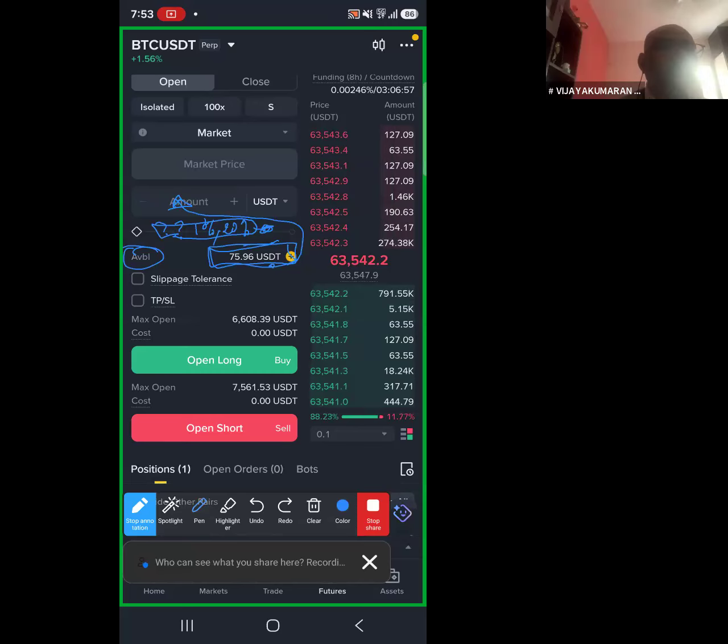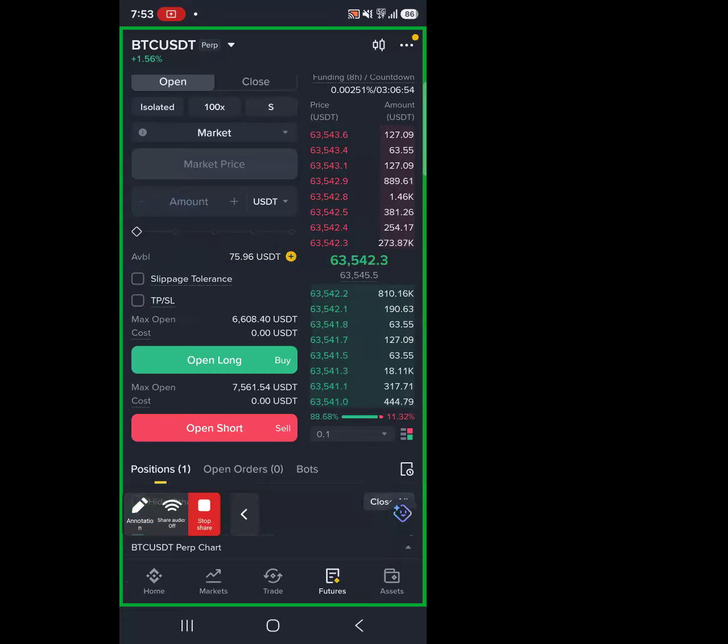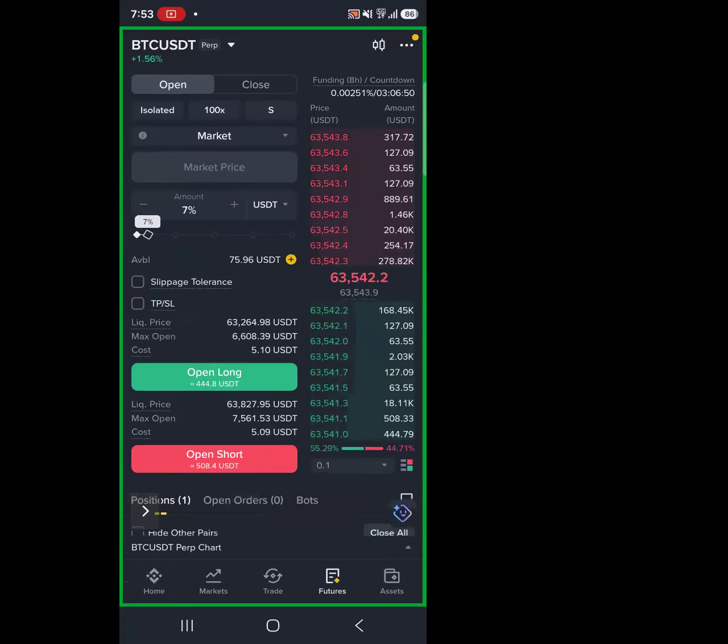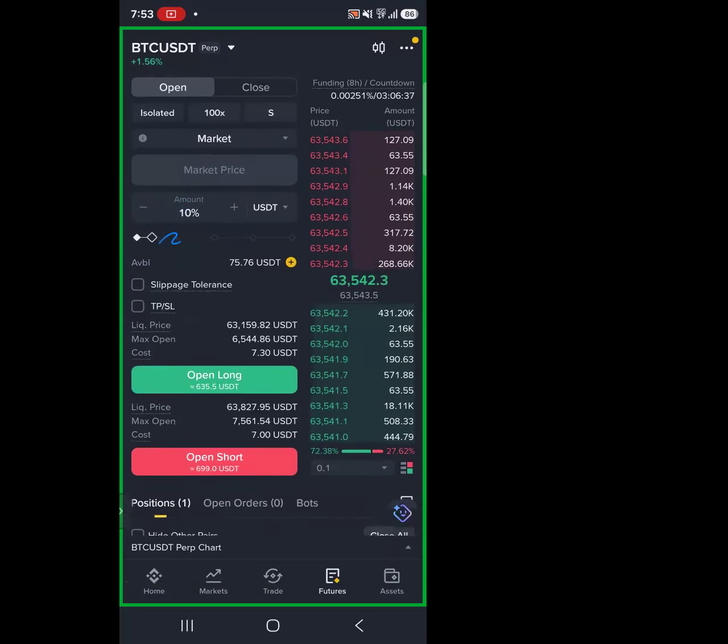Okay? For example, if I drag this to 10%. See 10%? You see that? So it means I want to, where's my, just a minute.